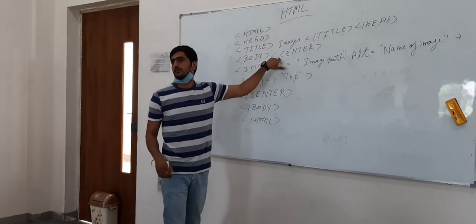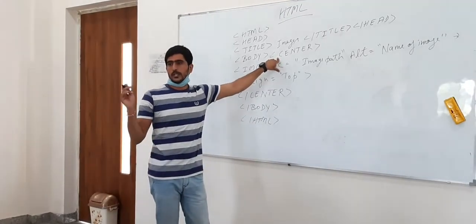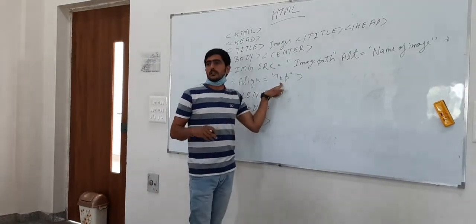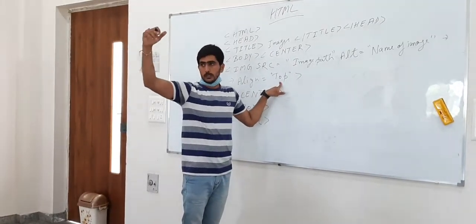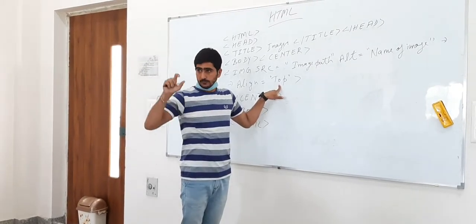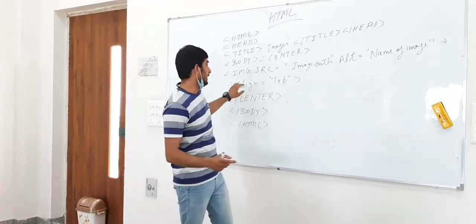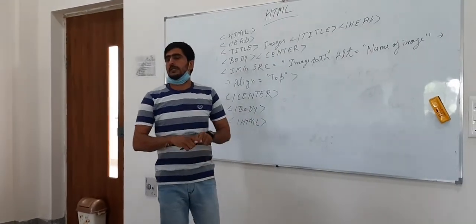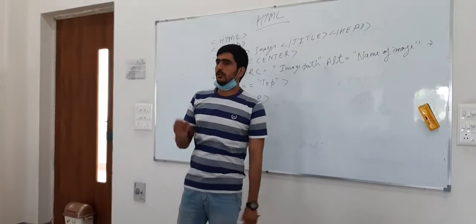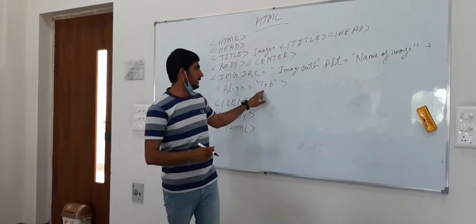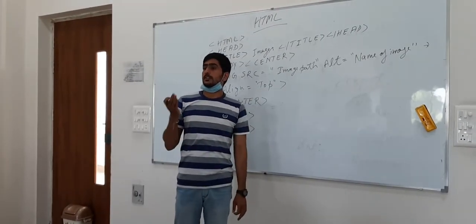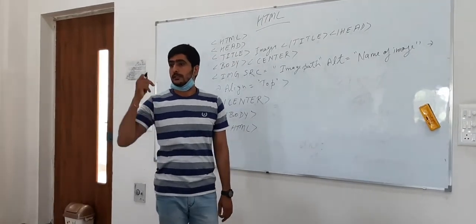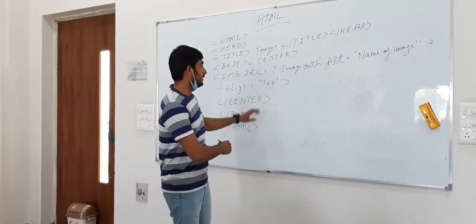Center we are using for center alignment, so the picture starts from the center, and top alignment means the picture will start from the top. Like in MS Word or PowerPoint, when you are typing text, you have seen left alignment, right alignment, justify, and central alignment.